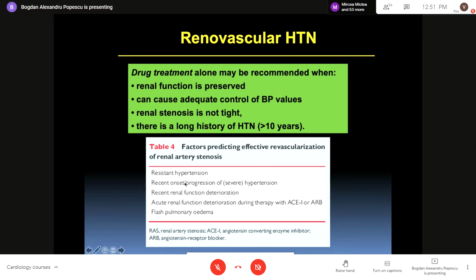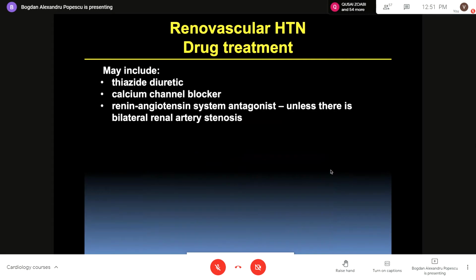Okay, then we have also a number of factors that predict effective revascularization of these sort of stenosis: resistant hypertension, recent onset or progression to severe hypertension, recent deterioration in renal function, acute decrease in renal function during treatment with ACE inhibitors or sartans, and flash pulmonary edema, as I've already told you. So these are usually things where revascularization may be effective.